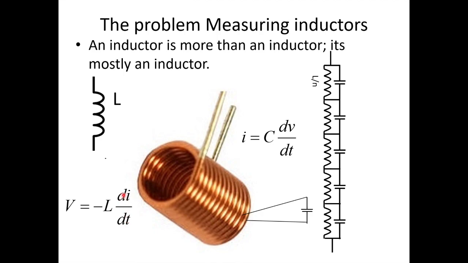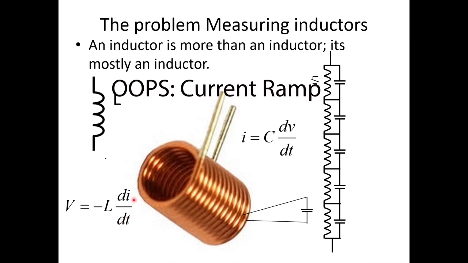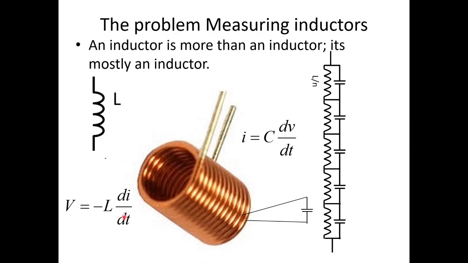This constant change in current over time is going to be a voltage ramp. So if we put in a voltage ramp, uniformly changing like a nice straight ramp, that will keep a constant voltage across the inductor, which will then allow us to measure it without affecting the capacitive coupling.